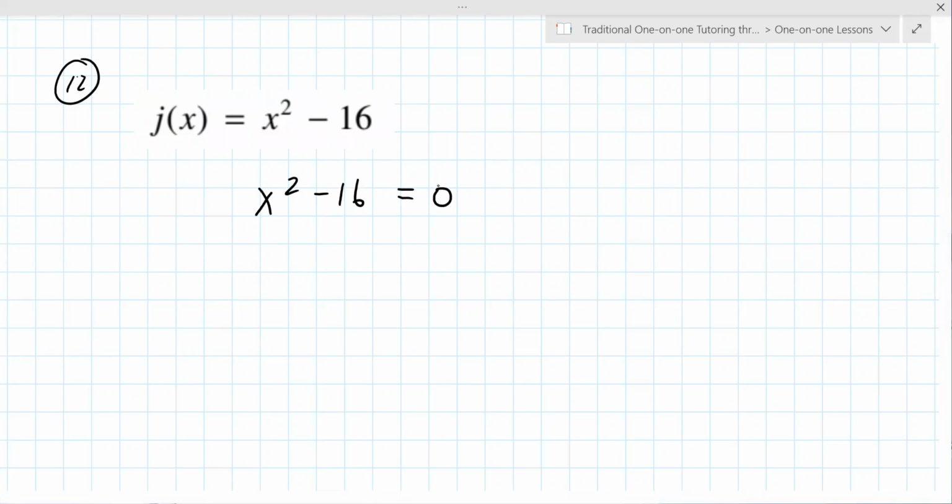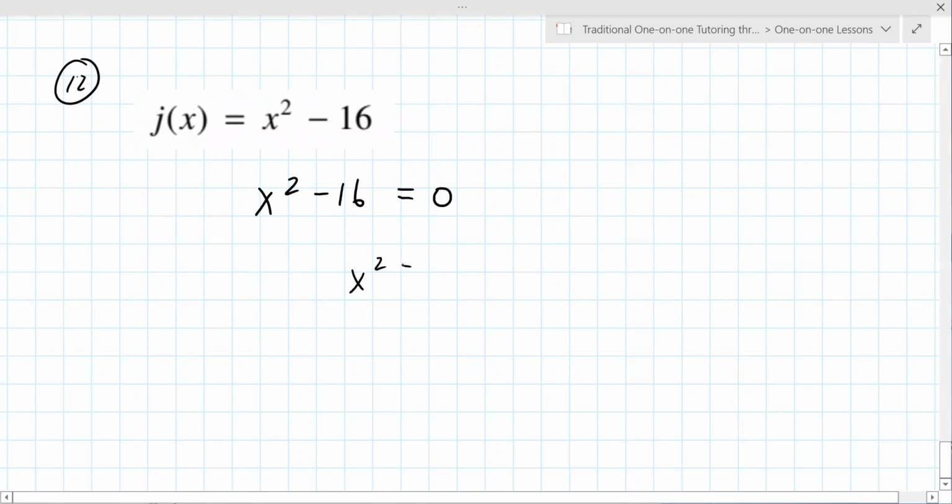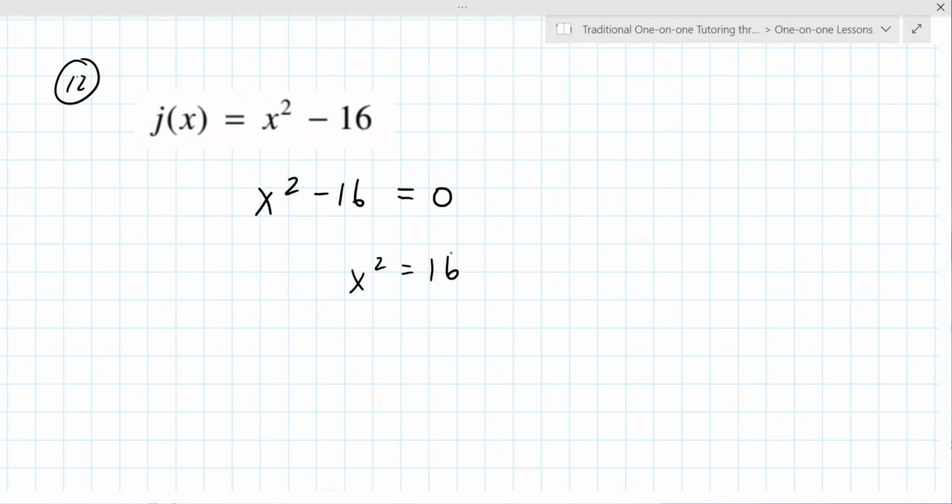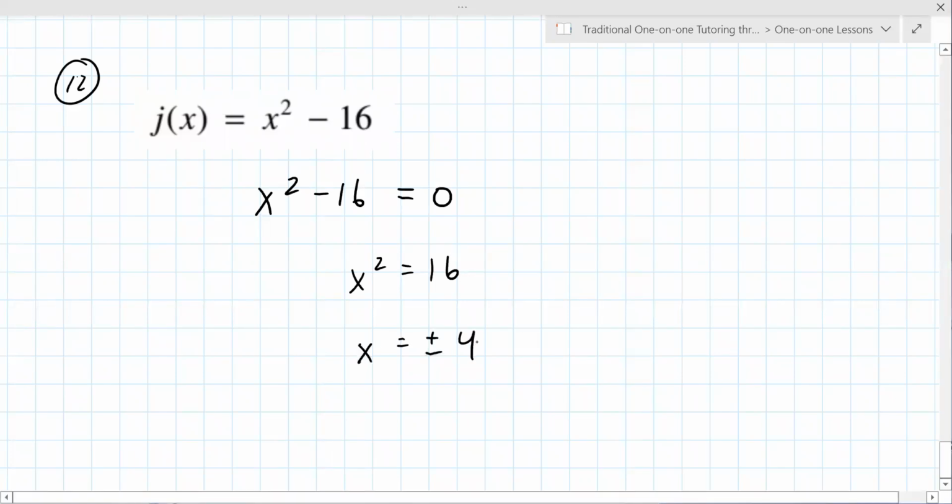I think you can use the square root property for this. Exactly. That's what I was hoping you would say. So you're going to move the 16 to the other side of the equation. And you can probably work it out from here. Can you give me the 2 answers for this problem? So the square root of 16 is 4, so it'd be x equals plus or minus 4. Yes, perfectly said. And you have to give both solutions.